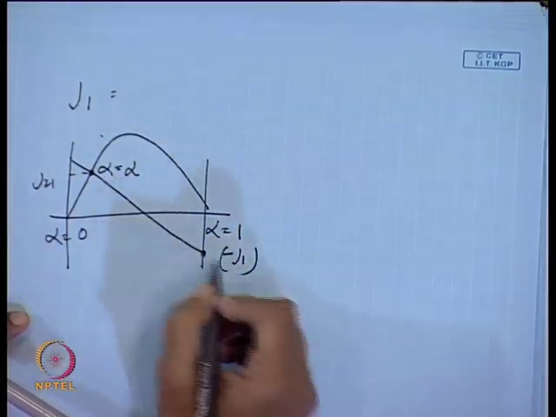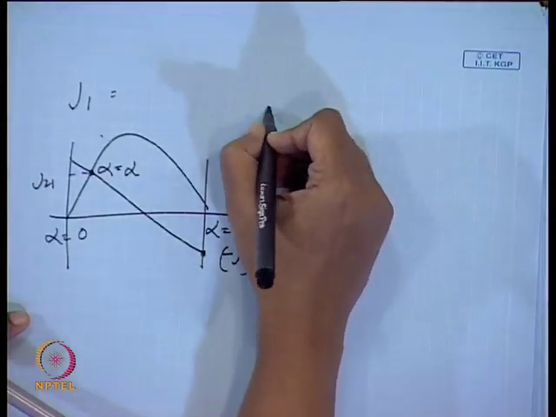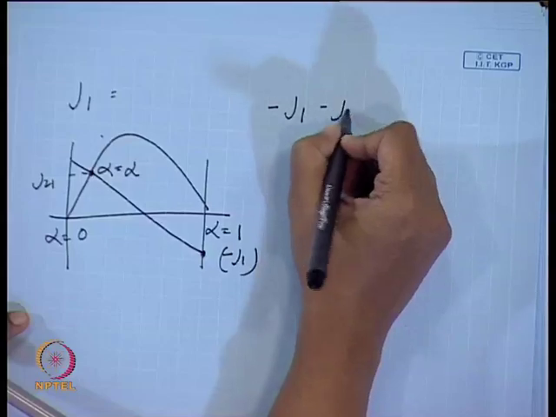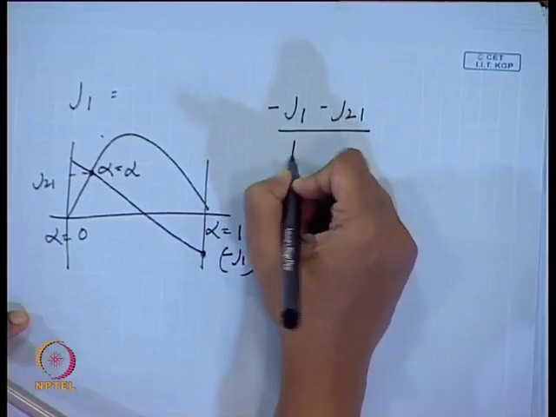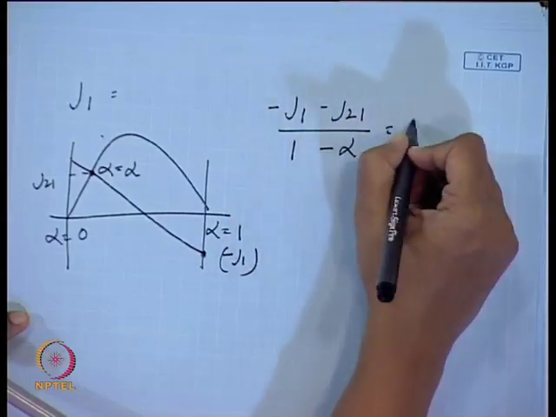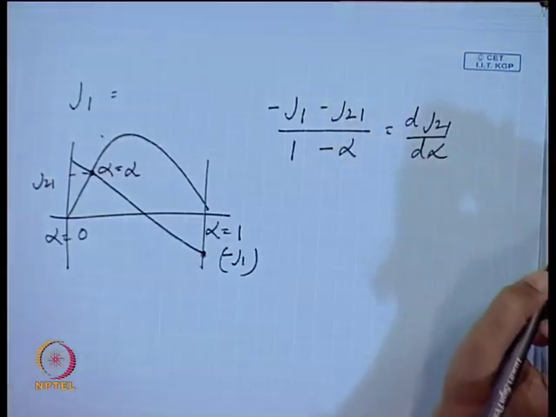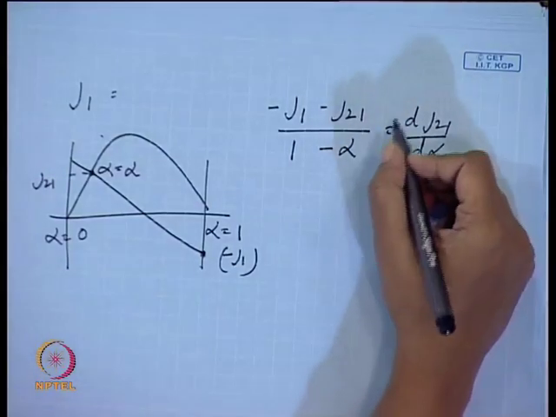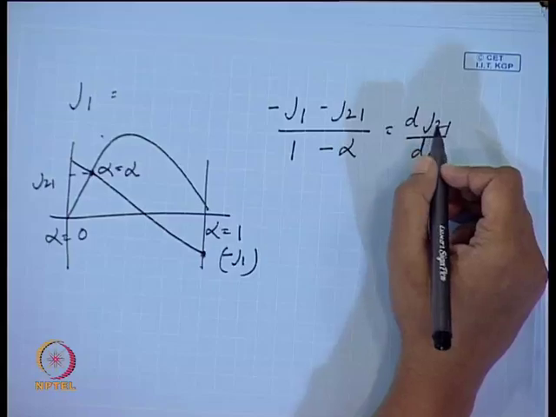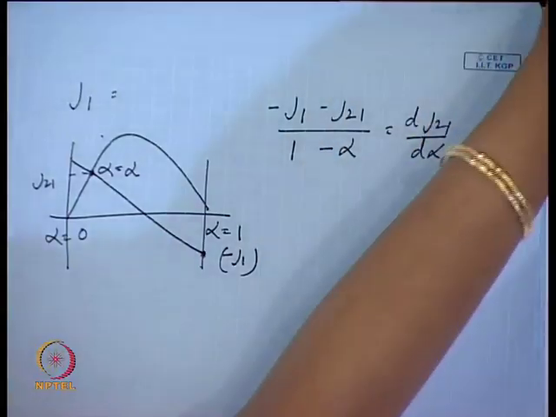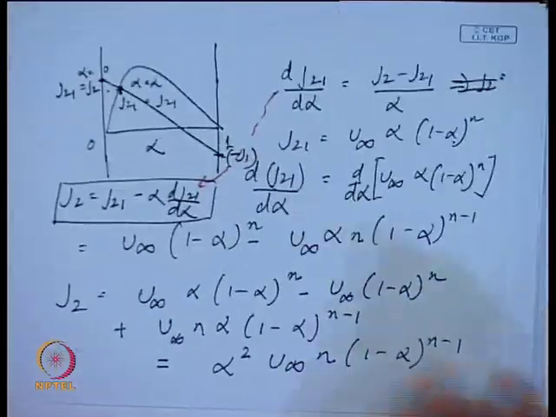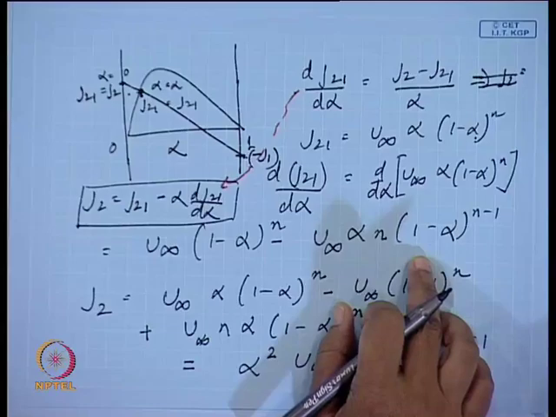So, what is the slope in this particular case? The slope will be minus J1 minus J21 by 1 minus alpha, this will be the slope dJ21 d alpha, correct. Again this dJ21 d alpha can be substituted from this particular equation. Okay.